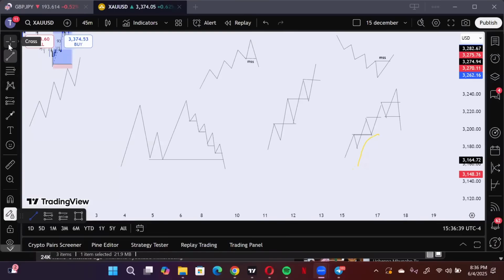Each lower low it makes is a breakout structure to the downside, but those are single breaks of structure.